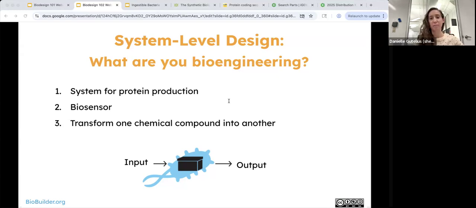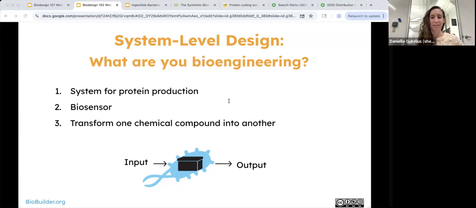That would be a system where you want to design a system that senses the presence or absence of something and indicates that to you. That's the one that we're doing our example on, the arsenic biodetector. And the third most common is transforming one chemical compound into another. Okay, so it's likely that your group has selected a system that does one of these three things, which is great.